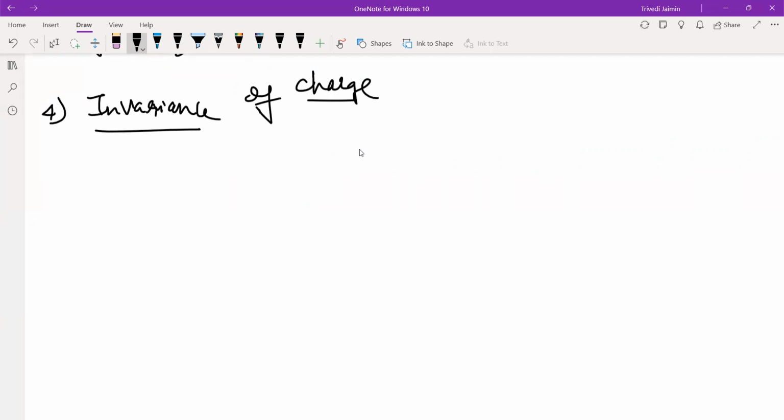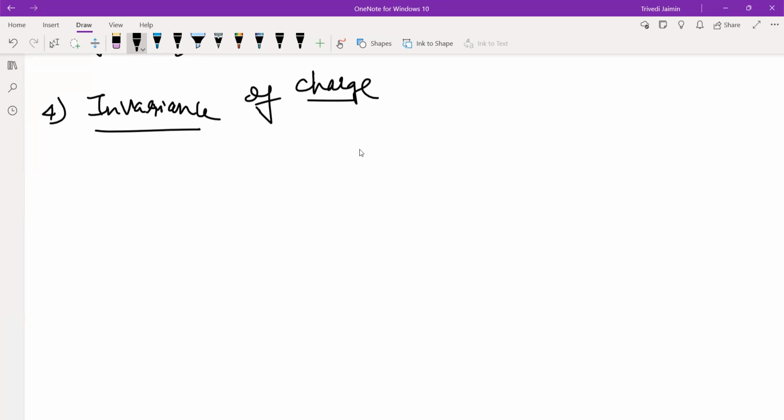In one system it will be the same, it will never be changing. Does mass depend upon the gravitational acceleration, or will mass be constant throughout? Mass is constant, or will it change according to gravitation? Mass is constant throughout, right?